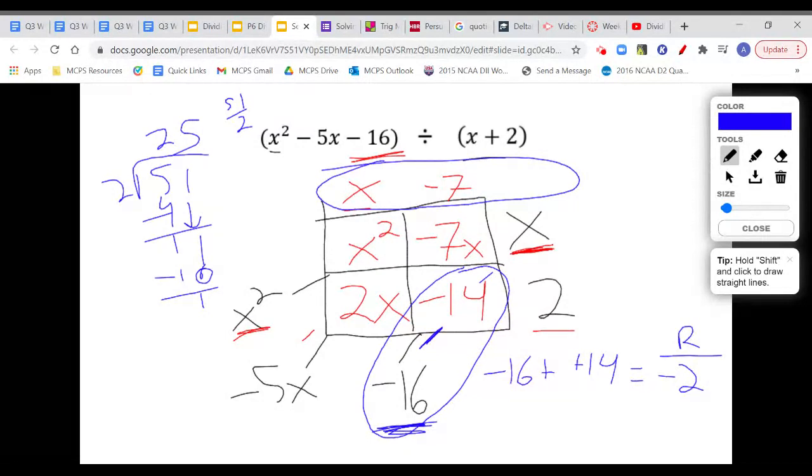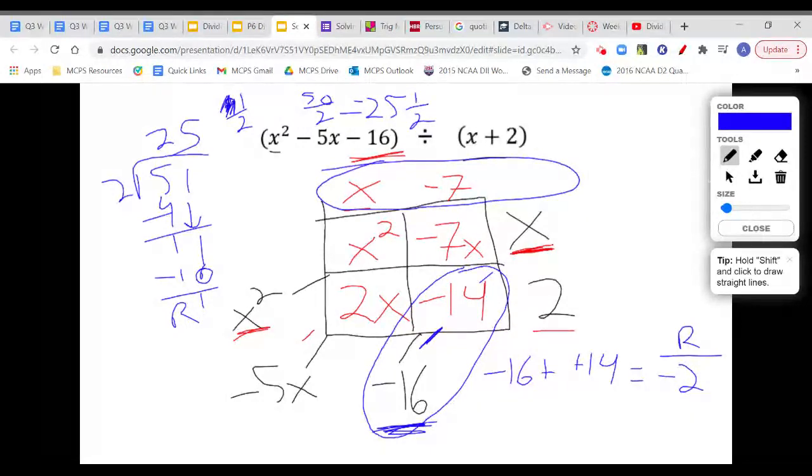So when you divided 50 by 2 and got 25, there's still 1 left. So you still have 1 out of this 50 left. So if you take away the 50, there's a half. So basically, it was our remainder of 1 divided by the original divisor of 2.